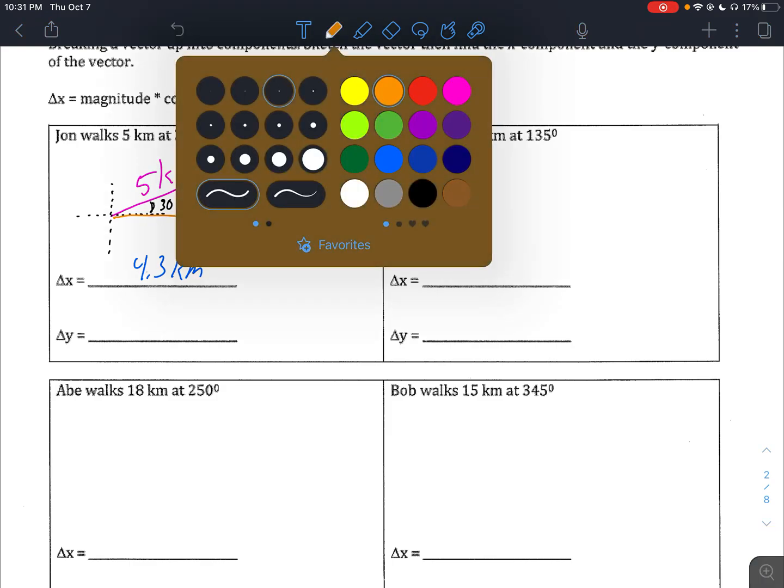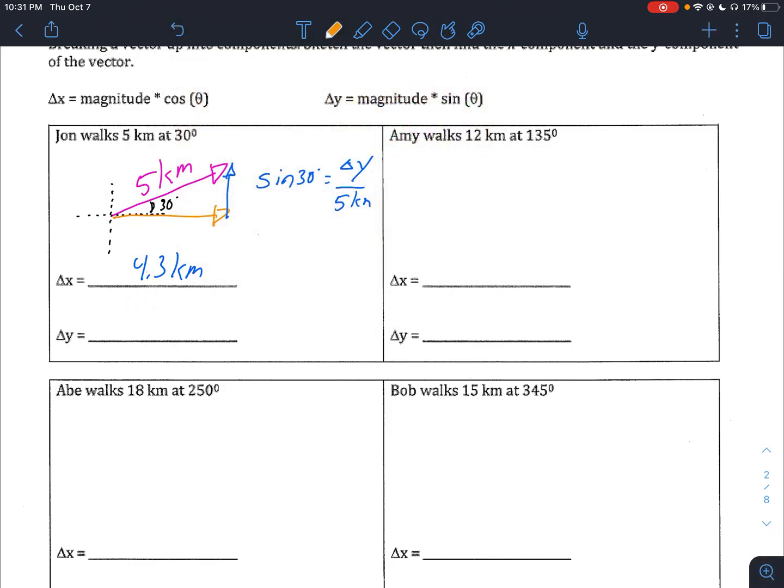Now at this point, I could just use the Pythagorean theorem because I have two sides. For some reason, I don't know, SOHCAHTOA is fun. I mean, it's fun to say, right? So I'm just going to go through and use cosine. So cosine of 30. Maybe I'm scared of squares and square roots. I'm not sure.